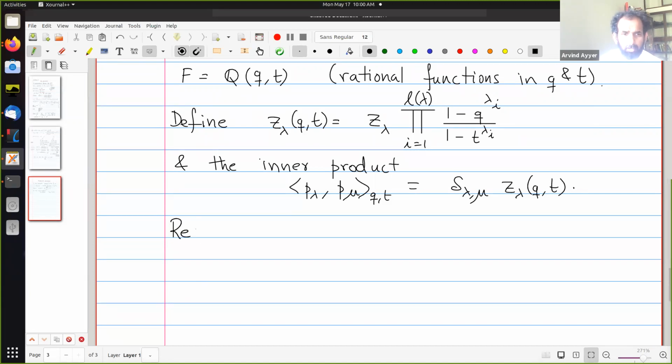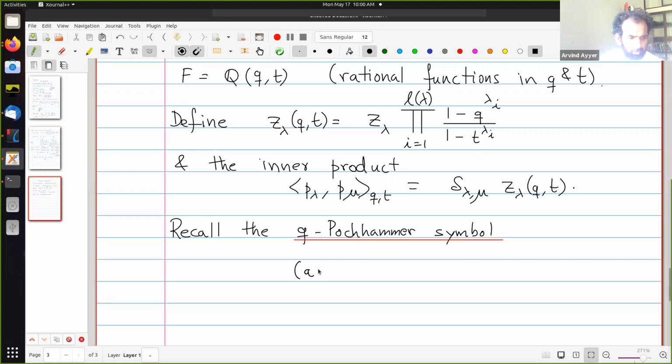So recall the q-Pochhammer symbol. (a; q) subscript n is the product, i equals 0 to n minus 1, of 1 minus a q to the i.